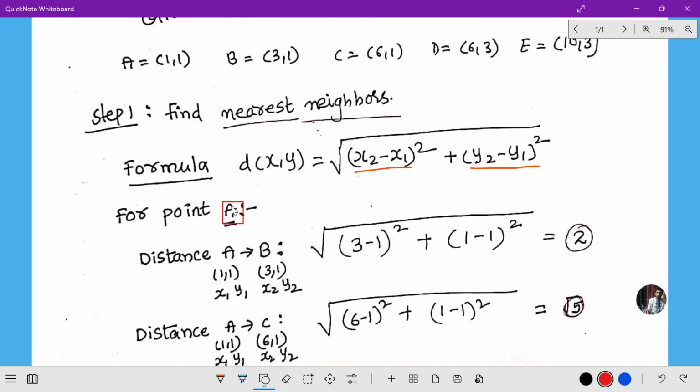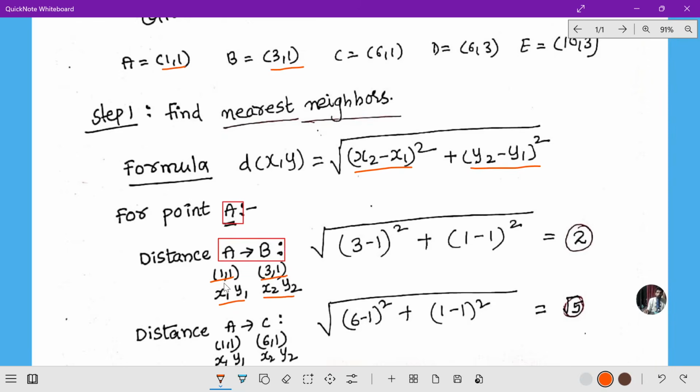When we find for A, remember, the distances are A to B, A to C, A to D, and A to E. When we talk about A to B, A is (1, 1) and B is (3, 1). So A is x1, y1 and B is x2, y2.